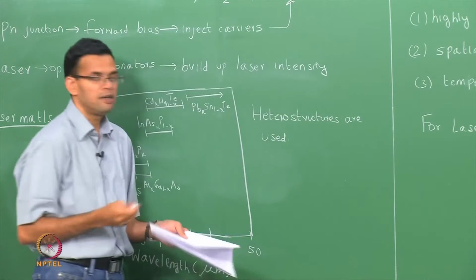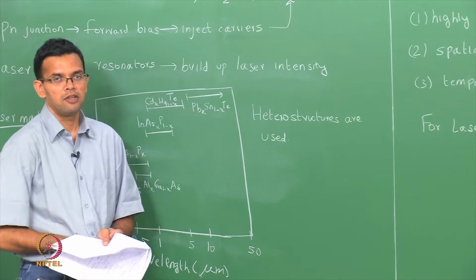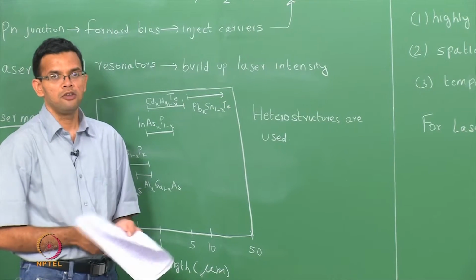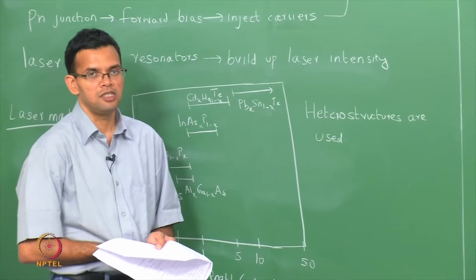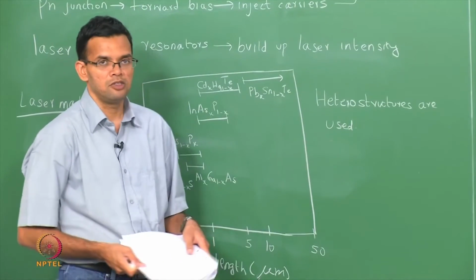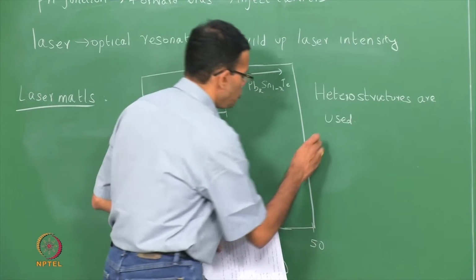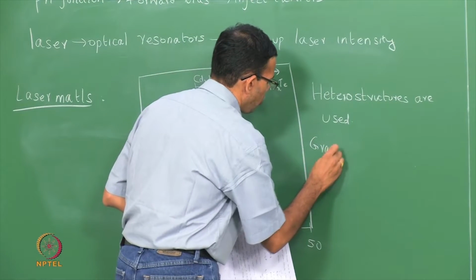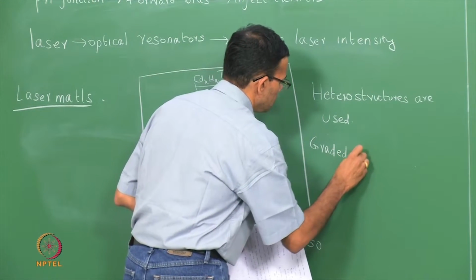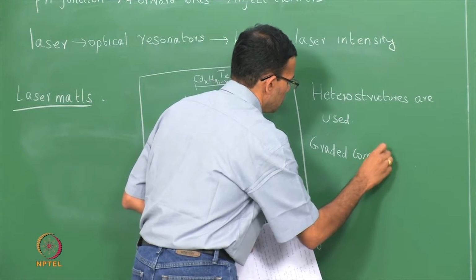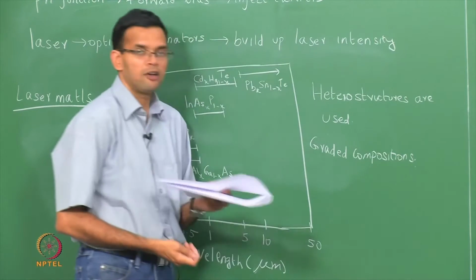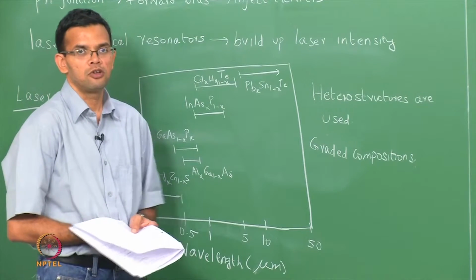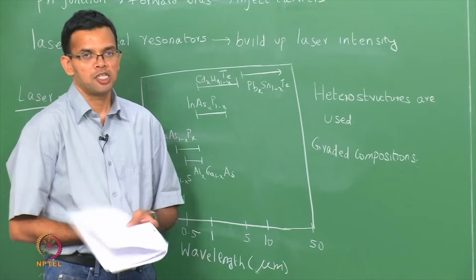We saw earlier in the case of LEDs, heterostructure junctions are used in order to concentrate the carriers near the depletion region, and something similar is used here, and we also usually end up having graded compositions. Graded compositions are used so that you can have an epitaxial growth.